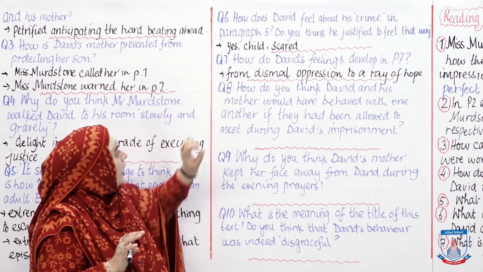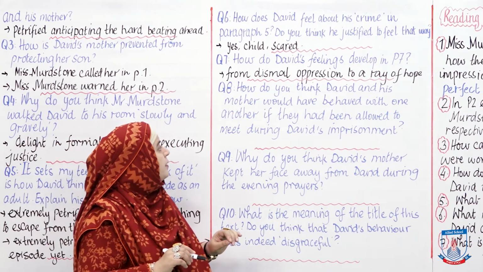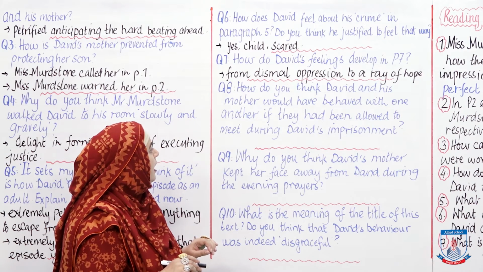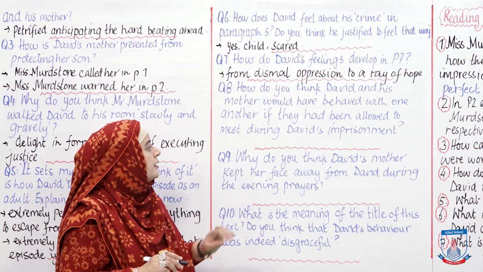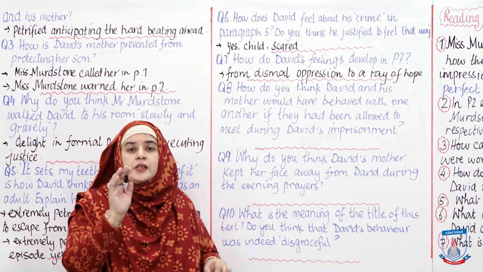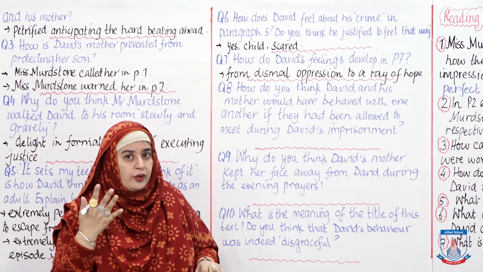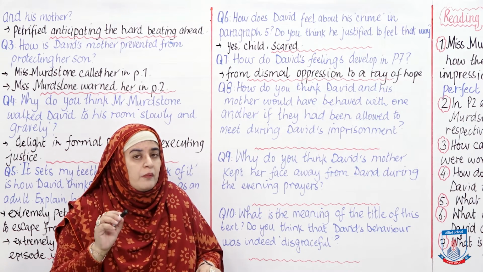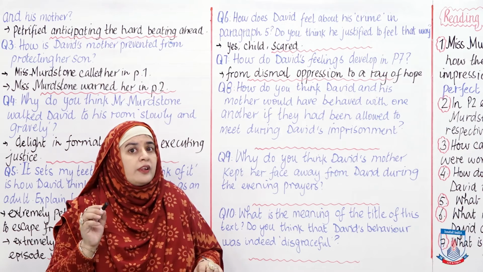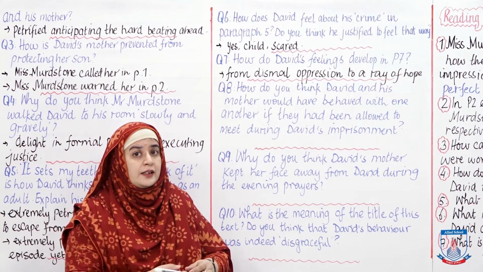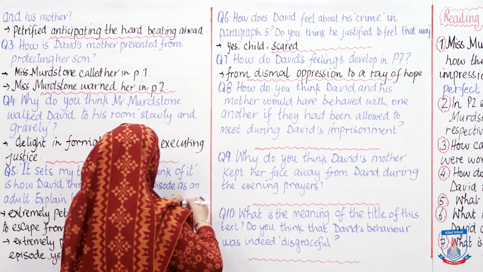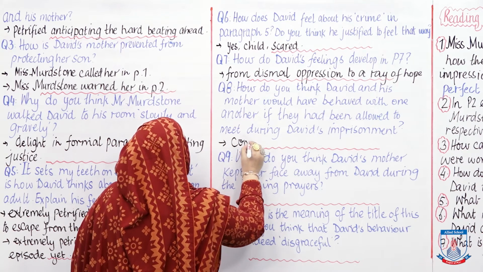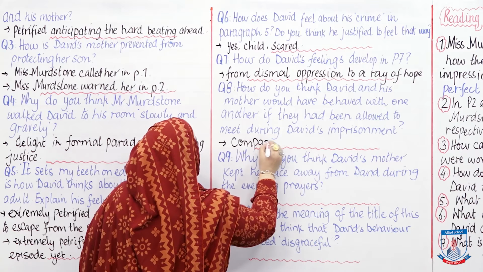Question number 8. How do you think David and his mother would have behaved with one another if they had been allowed to meet during David's imprisonment? Now, David was imprisoned for 5 whole days. Okay? His mother was not allowed to meet him or to see him. How do you think they would have felt? Okay? They would have been compassionate. They would have been seriously compassionate.